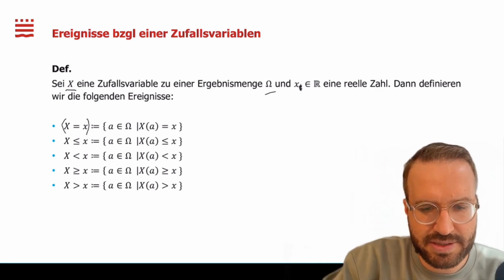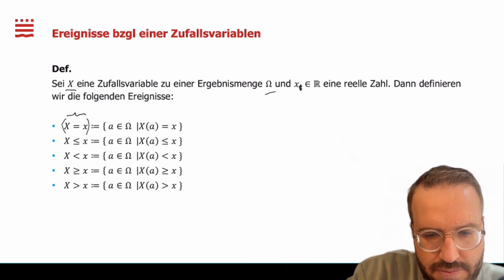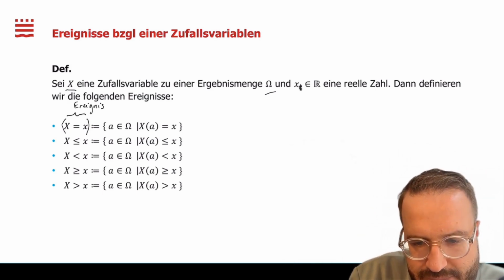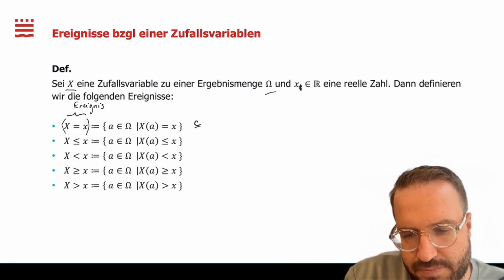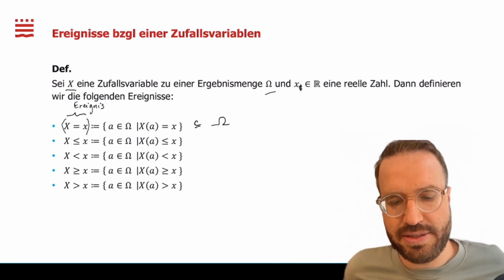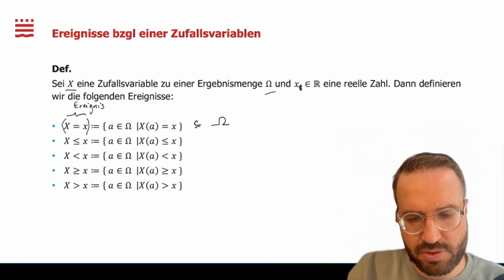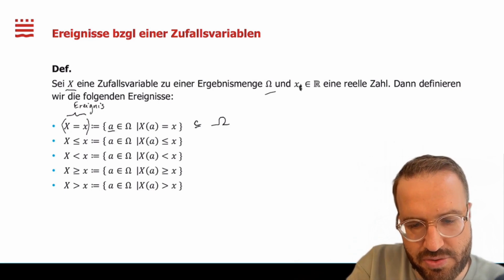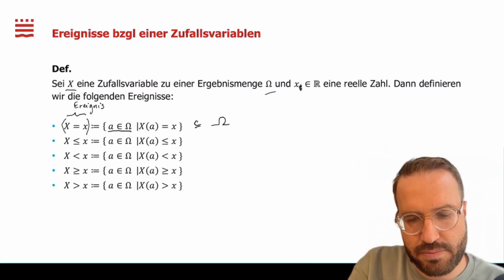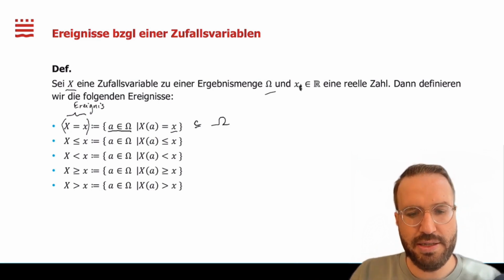So, this here, an event, is therefore to be understood as a subset of omega. Nothing else is an event. And that is the subset such that if I take all elements from omega, when I substitute the element from omega into X, x comes out, and that seems very complicated.